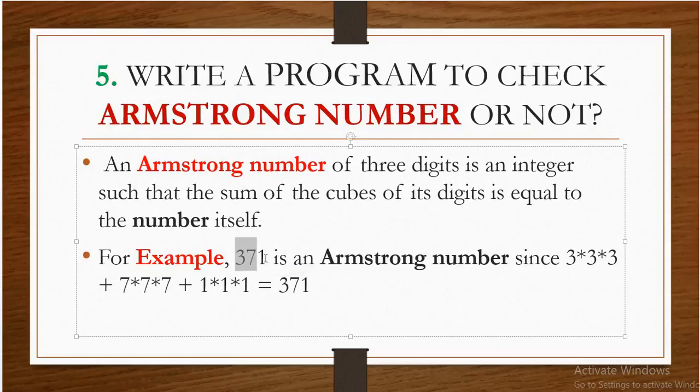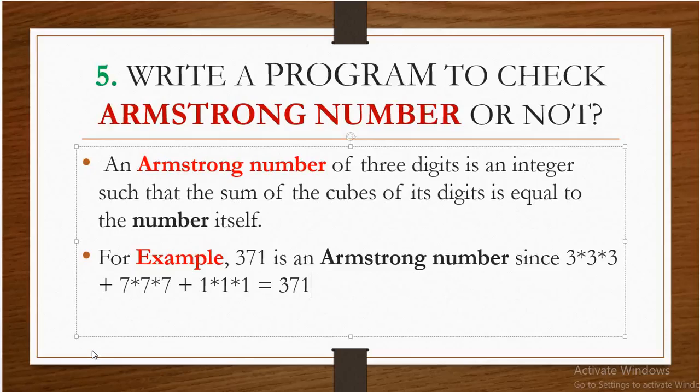After multiplying each number and adding the values, I am getting 371. If both are equal, then we can say it is an Armstrong number, otherwise it is not an Armstrong number.